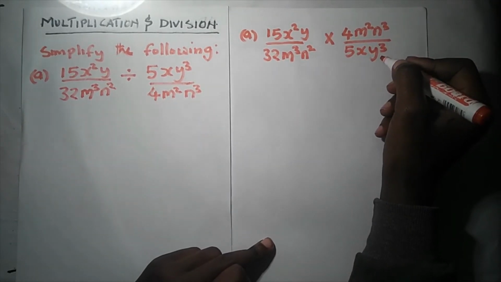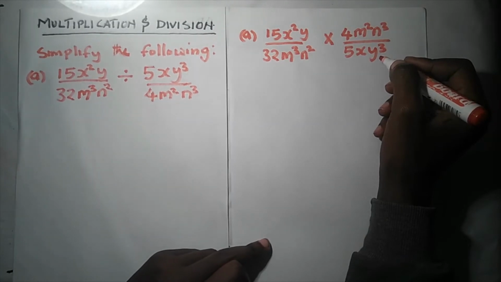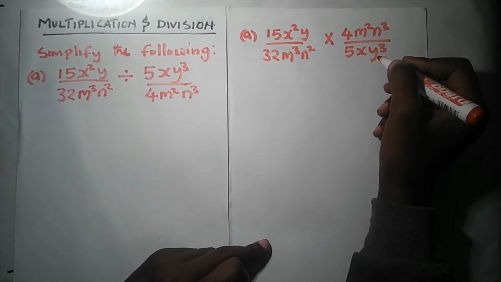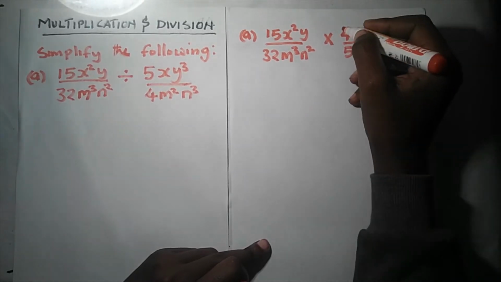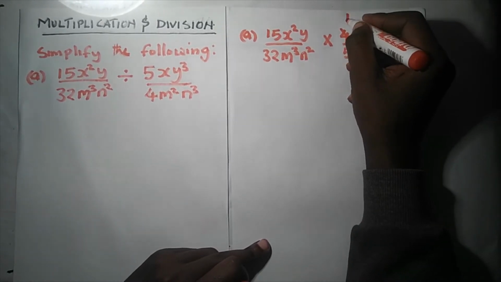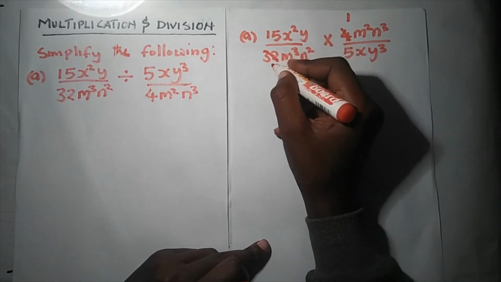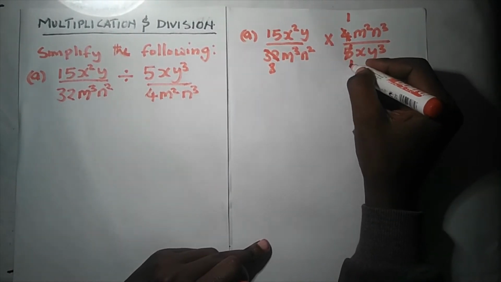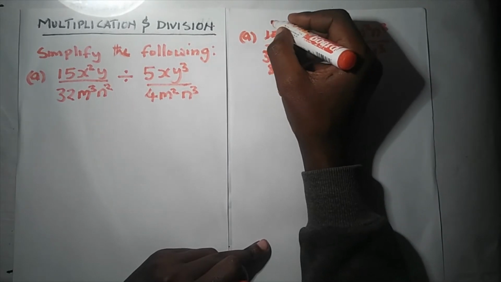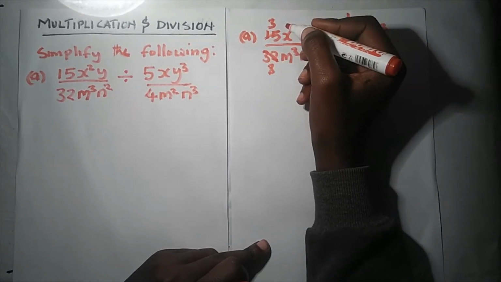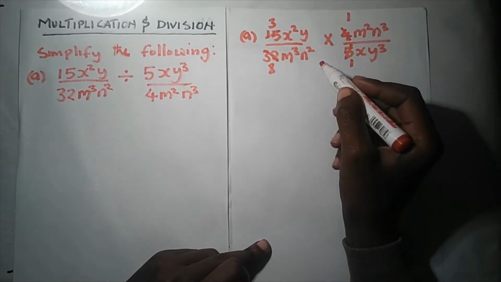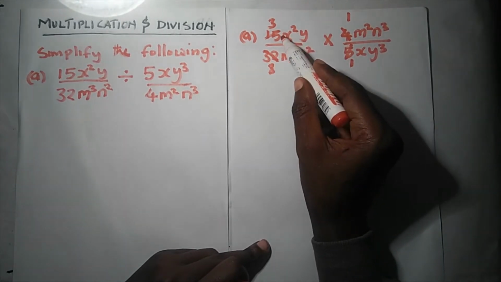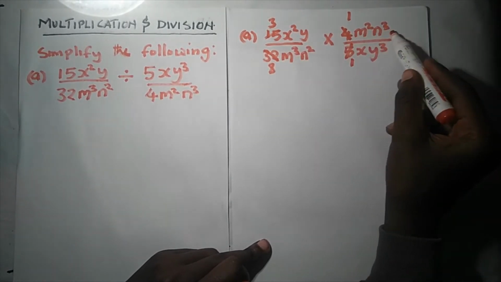Okay, so at this stage now, we can cancel out some numbers. You notice that 4 goes into 4 once, and 4 can go into 32 8 times. 5 goes into 5 once, and 5 into 15 it's 3. Okay, so at this stage now, we can multiply what we have here by what we have this side.